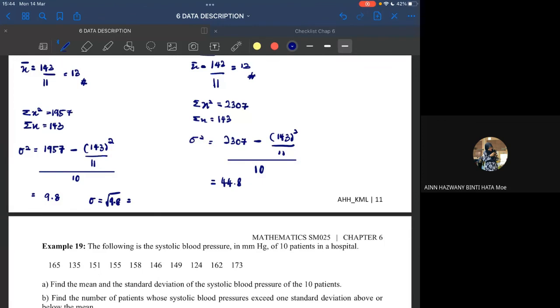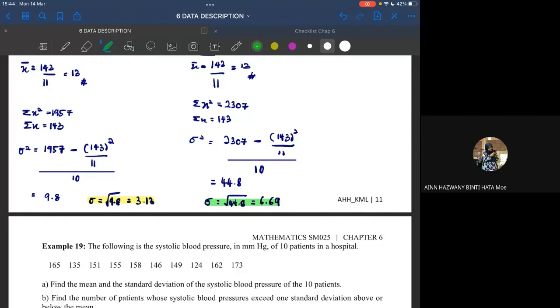Here we get 3.13. Here we get berapa? 6.69. Okay. So here is the standard deviation for data 1 and here is standard deviation for data 2.